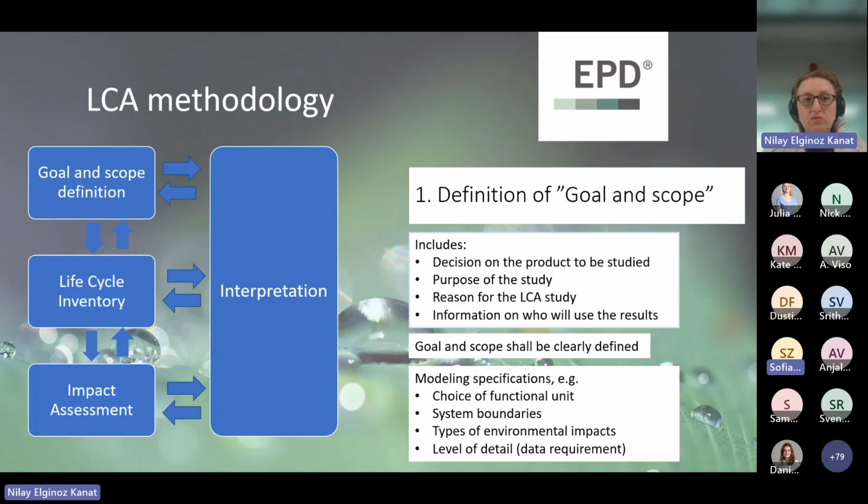And there you have to define your functional unit, which is one of the most important terms in life cycle assessment, because you will do all the calculations based on that functional unit. And you define your system boundaries. Will it be cradle to gate or cradle to grave or even cradle to cradle? And the types of impacts you will consider. Is it going to be only global warming potential, or do you want to take care of acidification, eutrophication, and so on? And the level of detail you want to study.